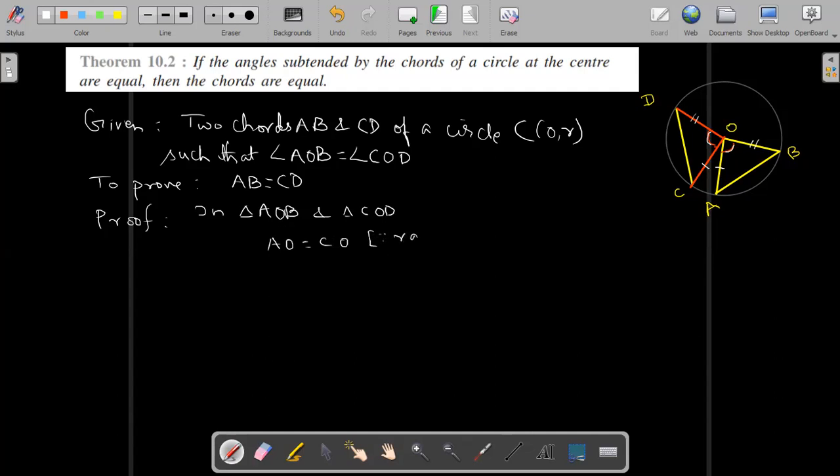Because these are the radii of the same circle. That's why they are equal. Then angle AOB, as we are using side angle side, will be equal to angle COD. It is given in the theorem that the angles are equal. So that is given.